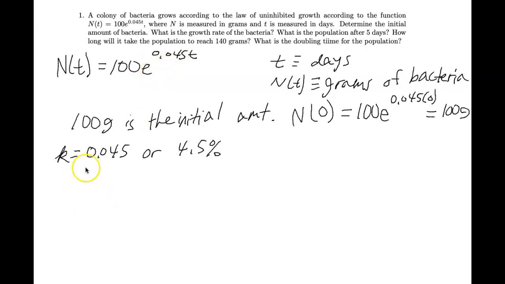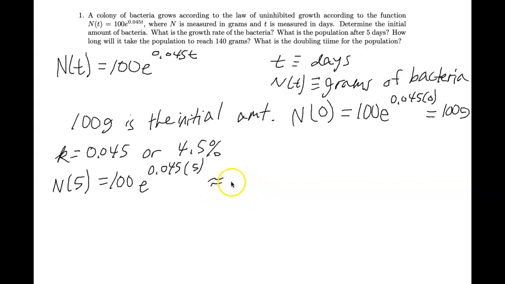The next question is, what is the population after 5 days? So this boils down to finding N of 5. You're going to plug in 5 for t, and then evaluate that in the function, 100 e to the 0.045 times 5. And then just use your calculator.